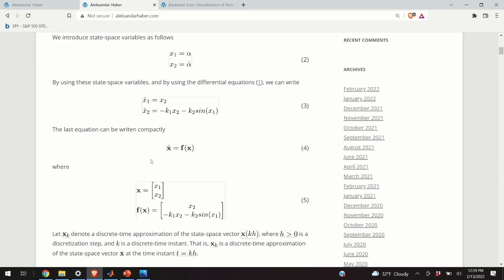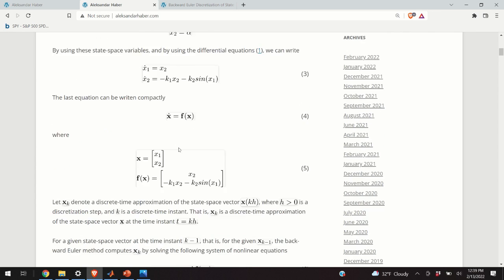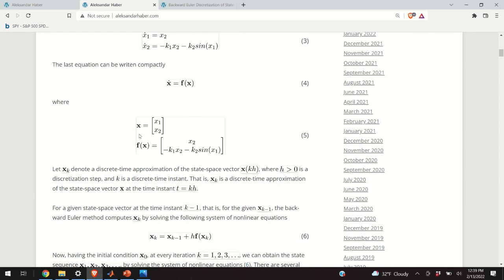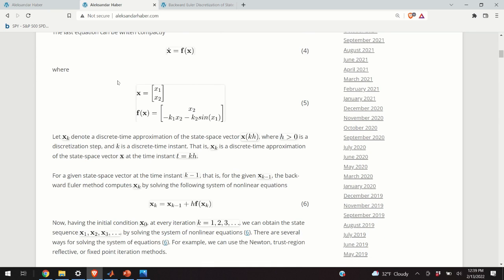So the dynamics can be written compactly by equation 4. And here's the explanation. x is the state space vector, and f of x is a nonlinear vector function representing our dynamics.